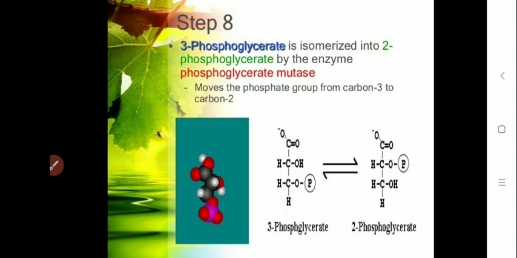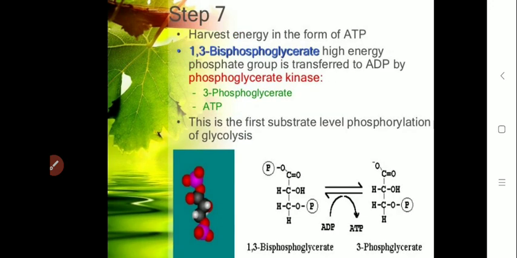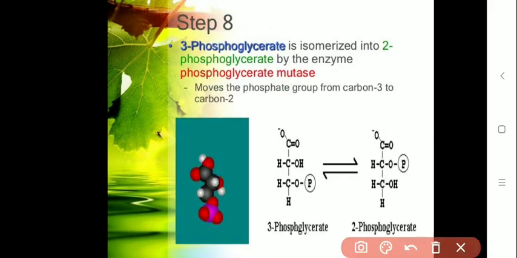The phosphate group, which was present on the third carbon, is moved from the third carbon to the second carbon.